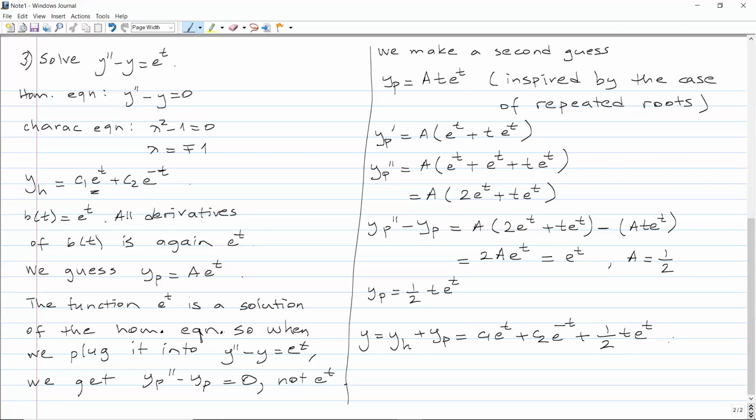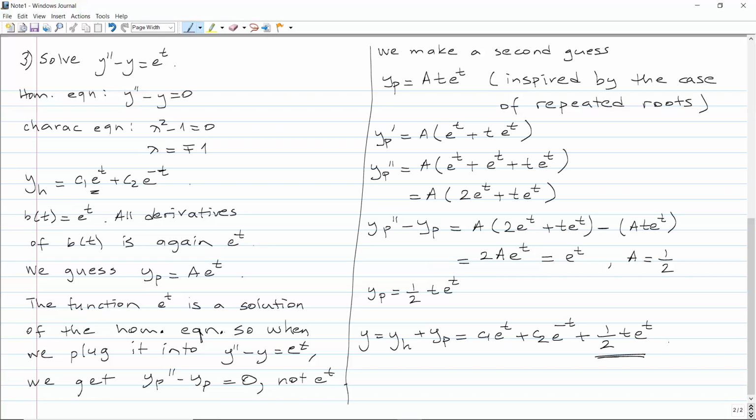So let me point out, in general, that in the particular solution, we don't have any constants. The particular solution is just one solution of the equation, so there are no constants involved.